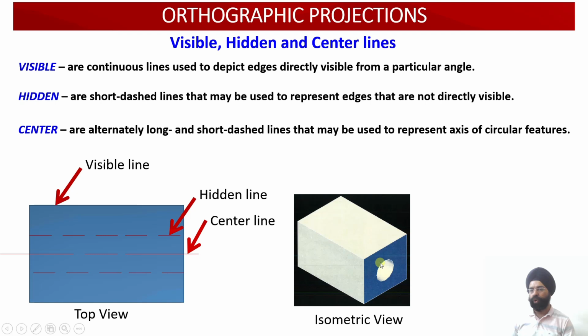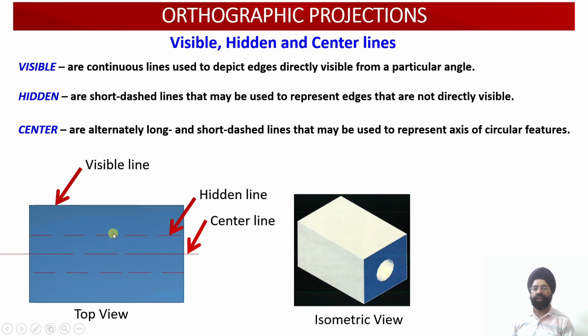Similarly, if there is a hole over here, I do not know from this drawing whether this hole is running through and through the object, or running quarter length, or half length, or 3/4 length of the object. So from this drawing it is not clear.